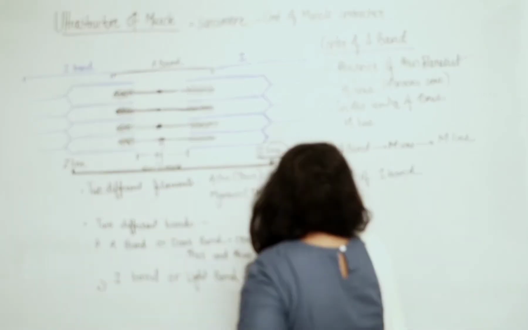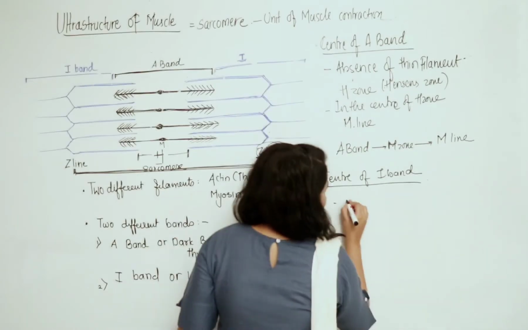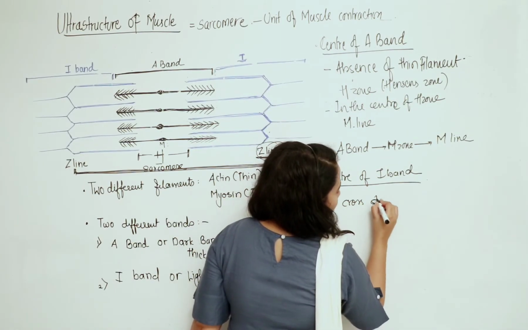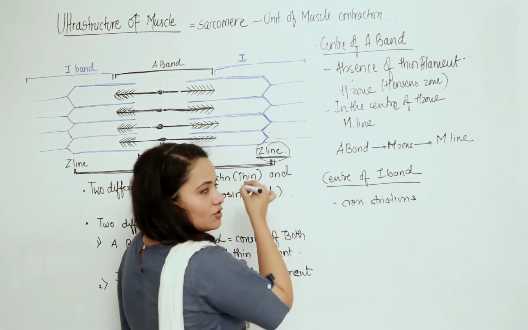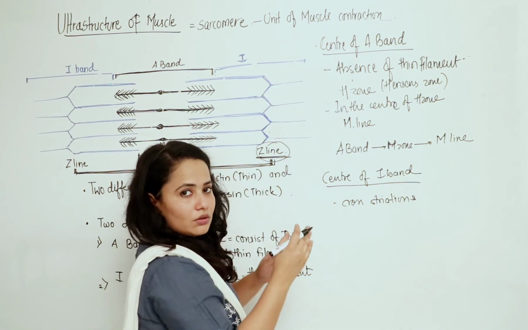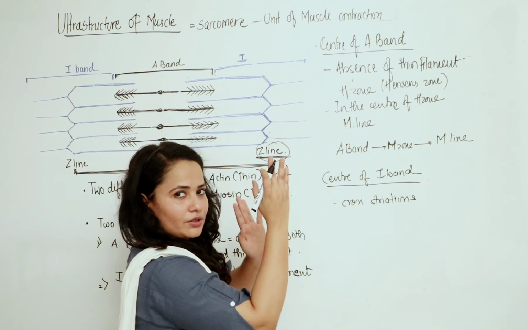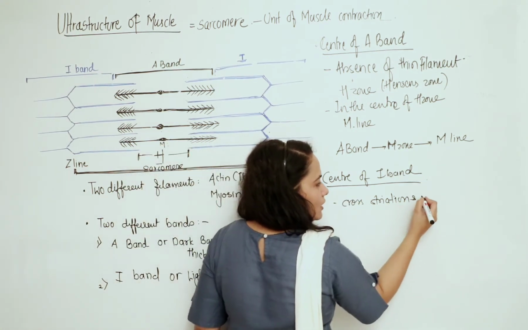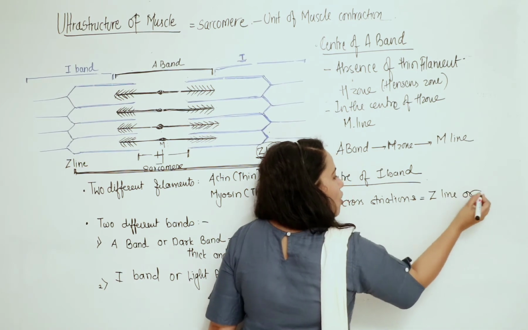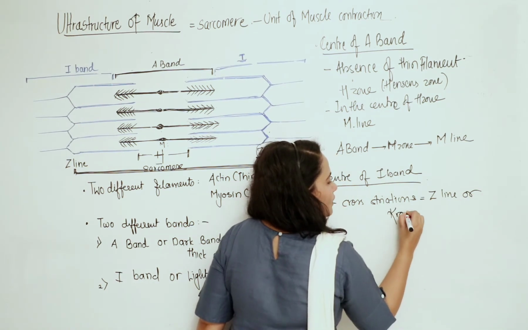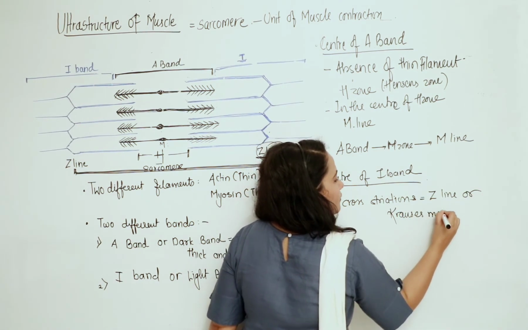So in the center of I band there are cross striations, zigzag linings होती हैं जो contraction की लिमिट होती है वहां पे. Okay, cross striations, and this is called as Z line or it is known as Krause's membrane.